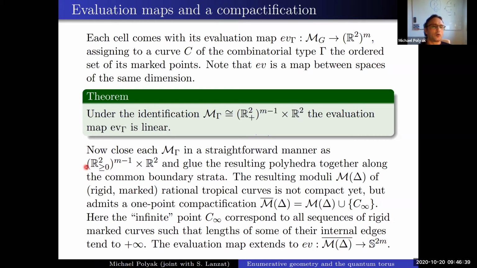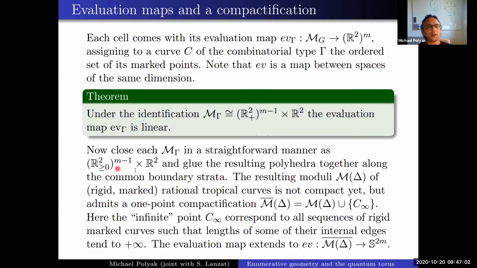Now you just look at it as R greater or equal than 0. So you just add the 0 kind of pieces to it, but you don't do anything with the infinity. So you just add zeros.